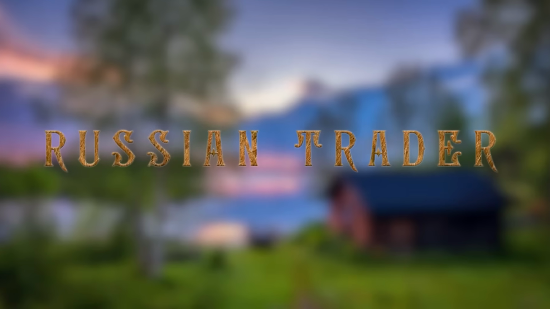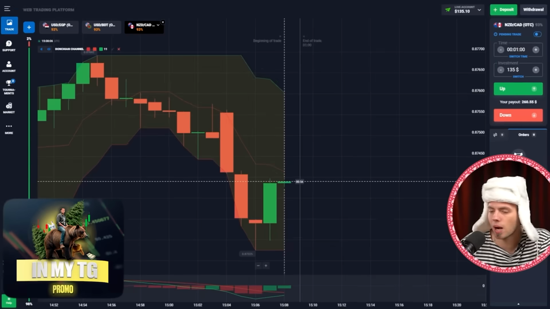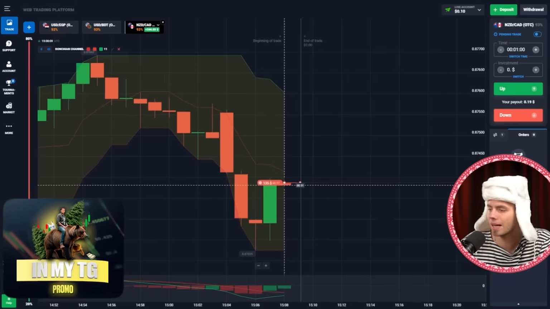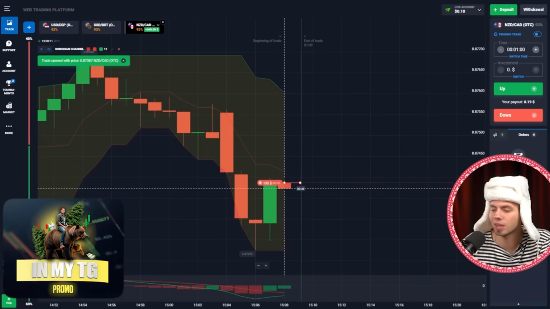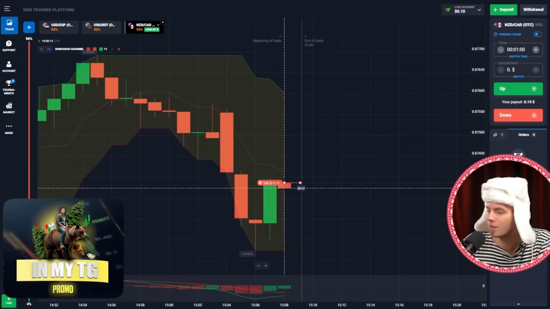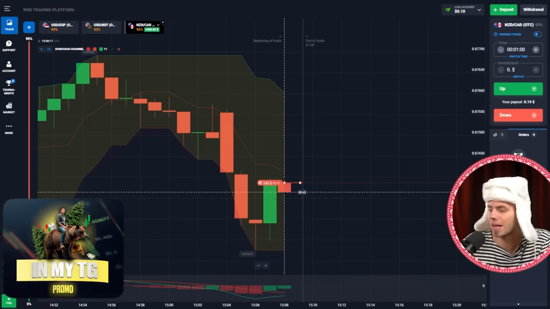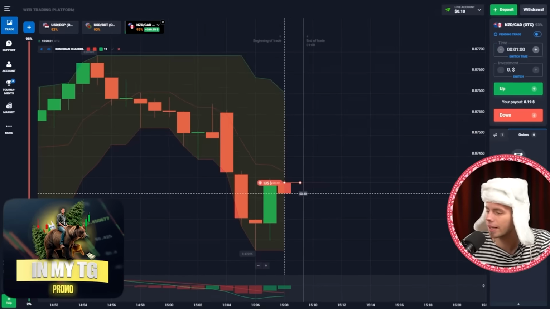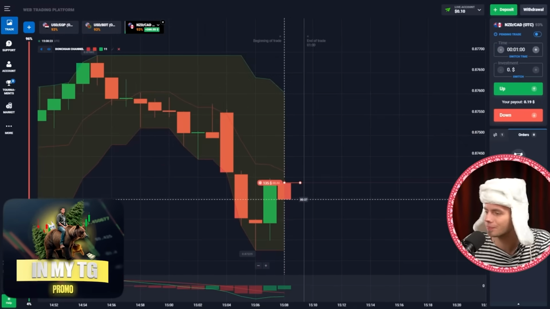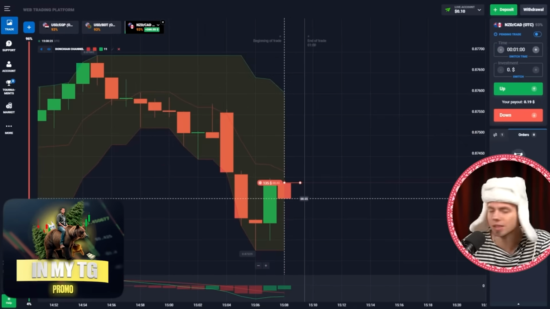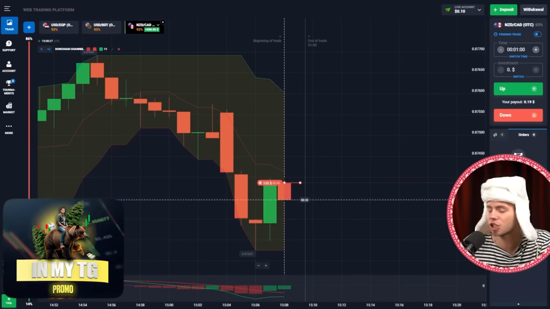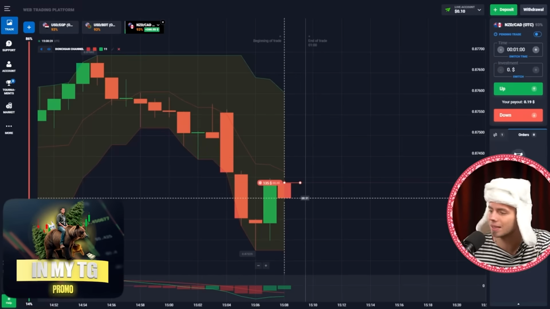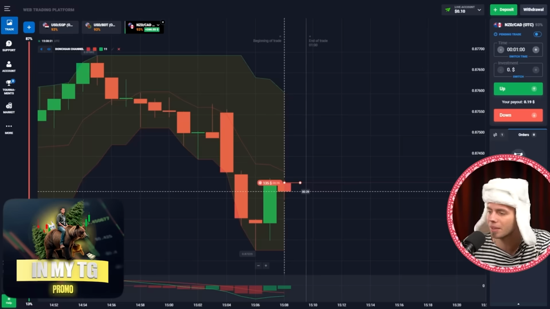Let's set the amount and open a sell trade. So according to the MACD indicator right now, we are in a downtrend over here at the moment, and therefore we consider mainly short trades right now. And yeah, we also failed to break through the middle line of the channel.